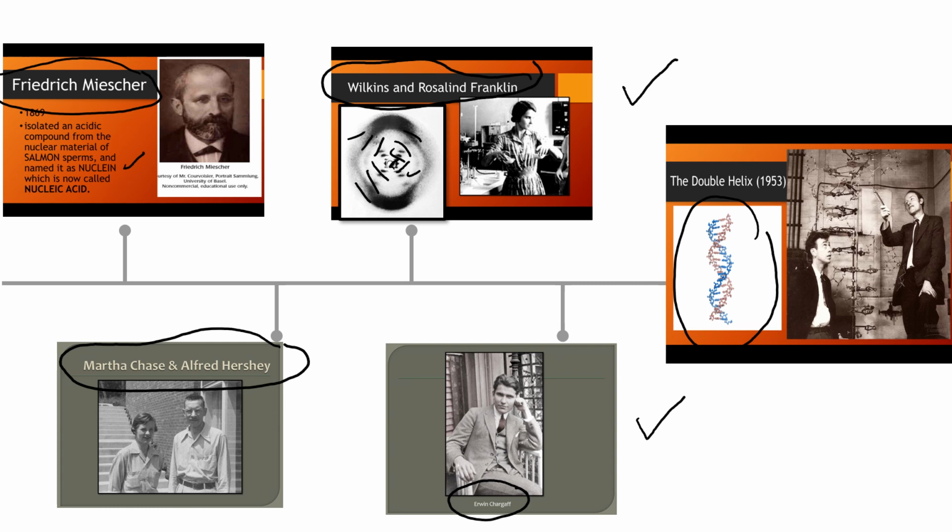So Watson and Crick not only proposed the double helical structure of DNA and used Wilkins and Franklin's and Chargaff's data, but they also suggested the term central dogma of molecular genetics, which states that genetic information flows from DNA to RNA to protein.